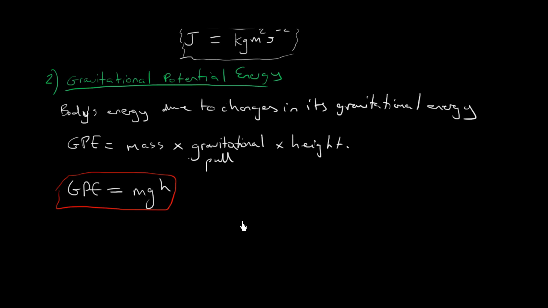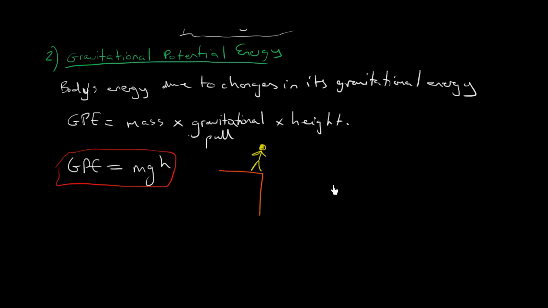Imagine you had a cliff like this, and here at the top you had some guy, and they ask you in a question, what is the difference in his gravitational potential energy when this height is 100 meters?